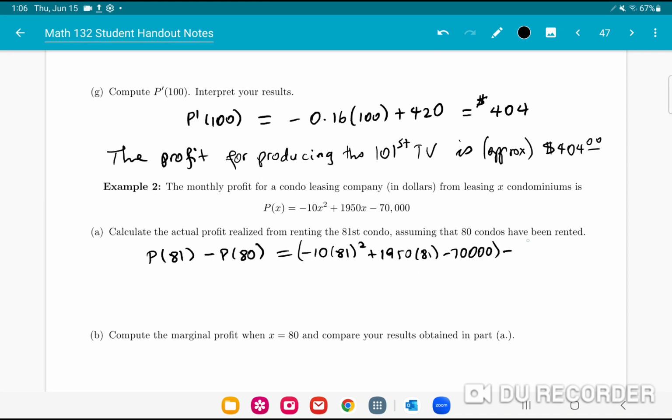That would be P of 81, minus 10 times 80 squared plus 1950 times 80 minus 70,000. This is what we need to calculate. I'll pause the video and calculate.